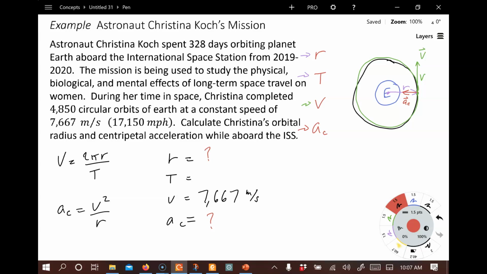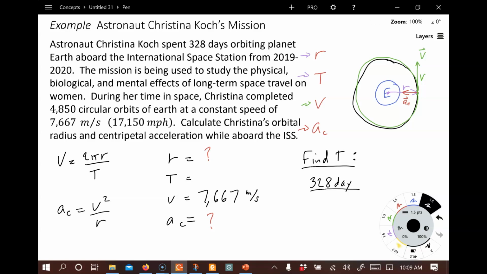If we look at it carefully, it says that Christina spent 328 days orbiting Earth, and she completed 4,850 circular orbits. So let's see if we can solve for T, the time it takes to make one complete circular orbit. We've got 328 days for 4,850 circular orbits.